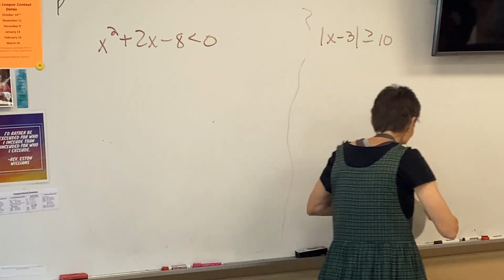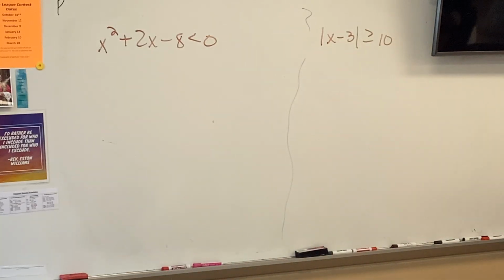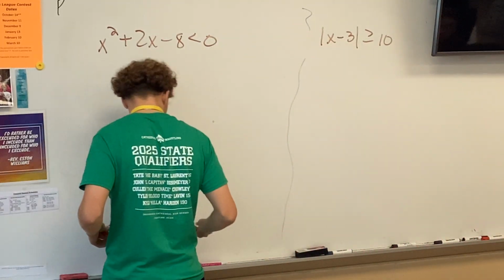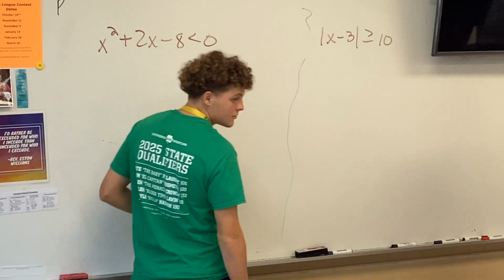These are test questions. You need to be able to solve them. Let's have our volunteers. Keep the one on the right side. Okay, here we go. Thank you. That's how we do it.